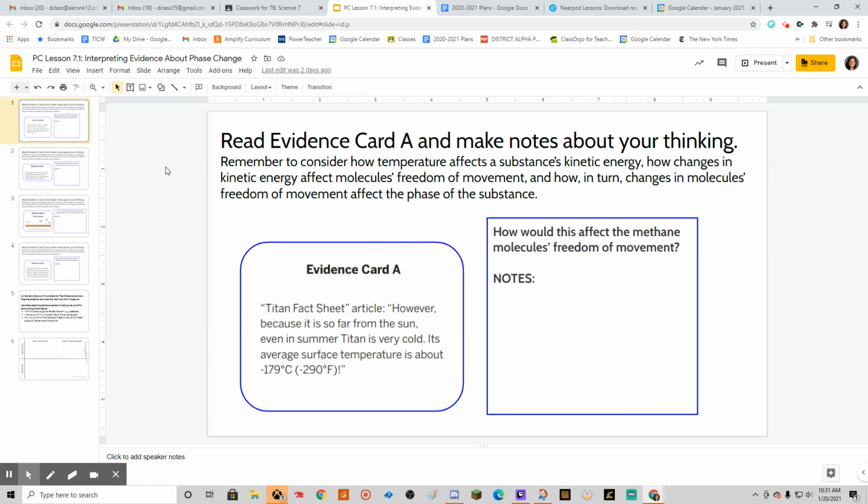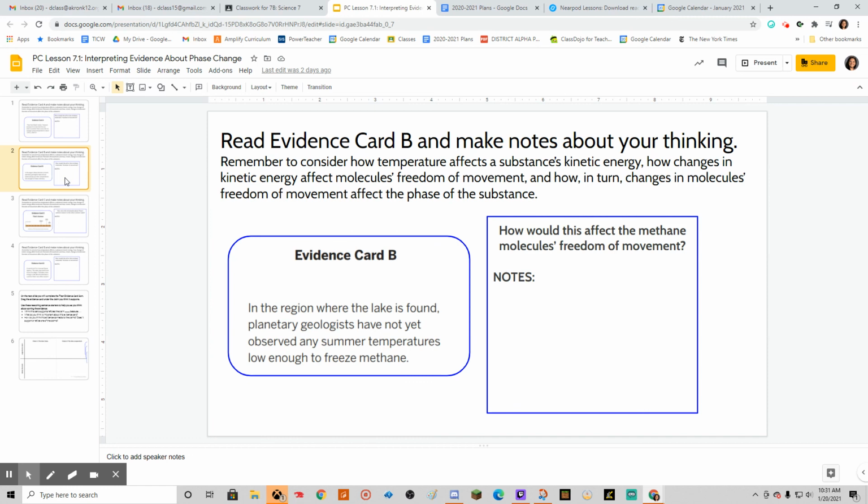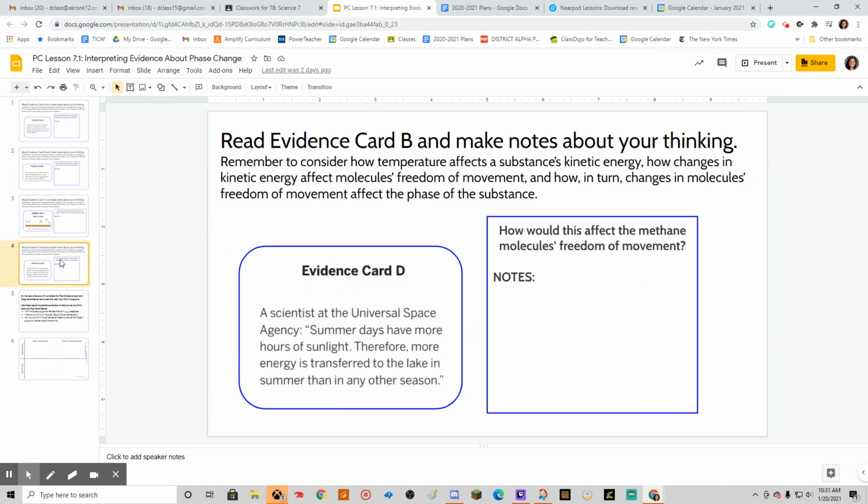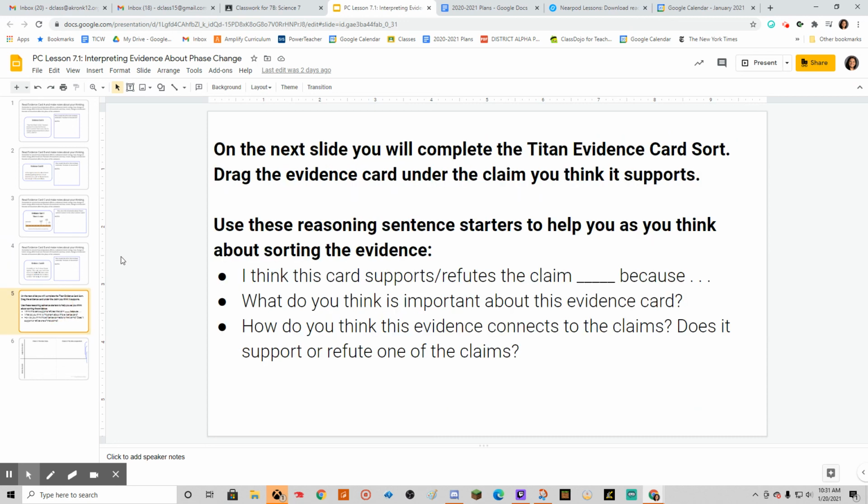So I just read evidence card A for you before, and you want to go ahead and make some notes about evidence card A. You will do the same for B and C. Note that C does have a different question for you to think about, and D. Slide 5, once again, gives you those reasoning sentence starters to think about as you begin to sort your evidence.